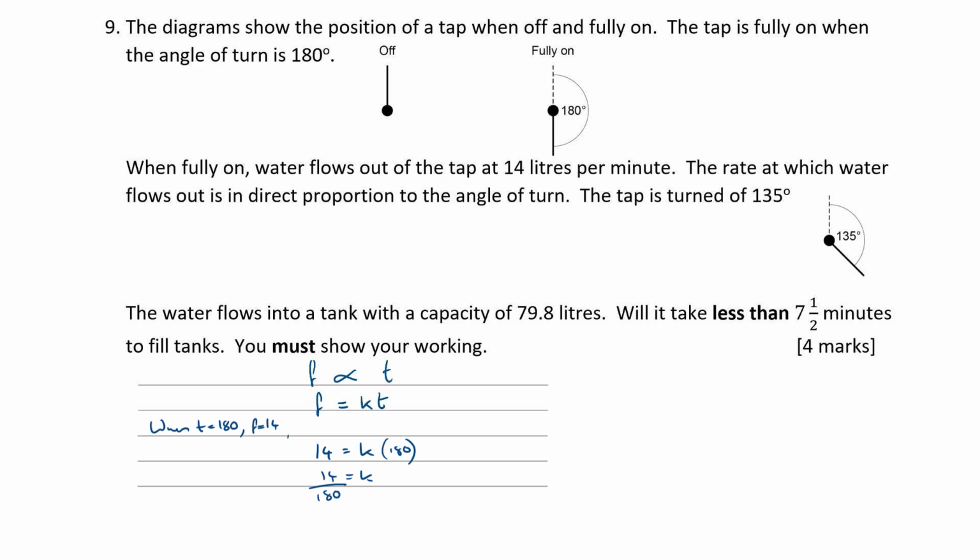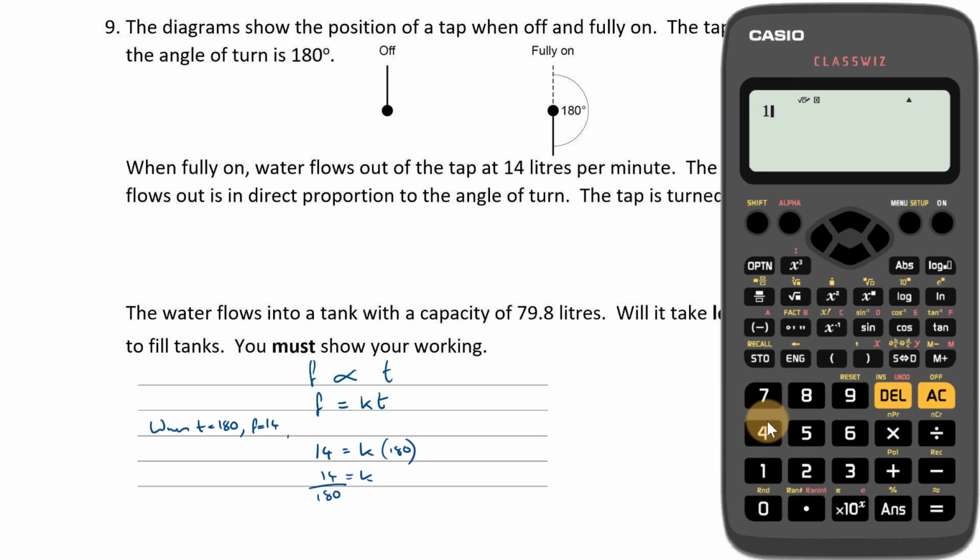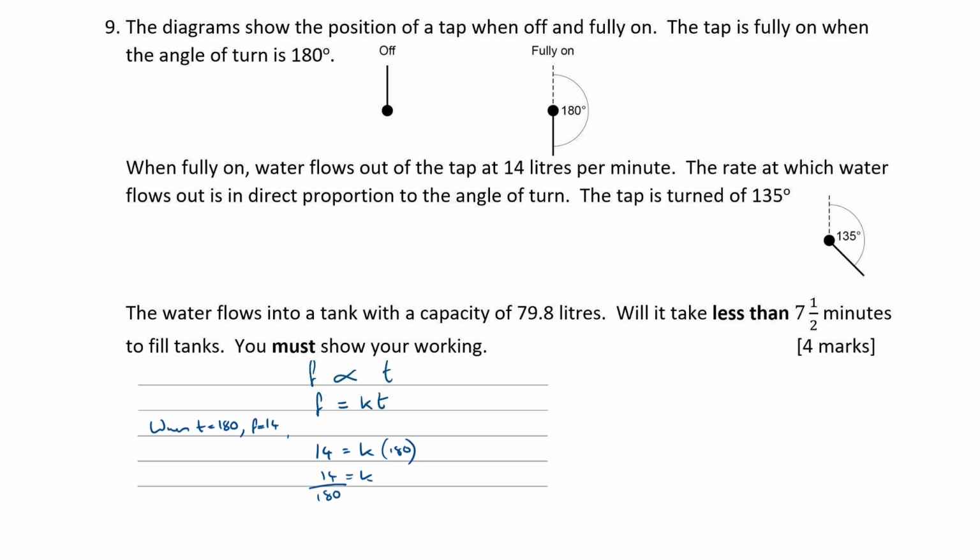Does that cancel down? 14 over 180. Well, not very much: 7 over 90. So the complete equation for this relationship is F is equal to 7 lots of T over 90.